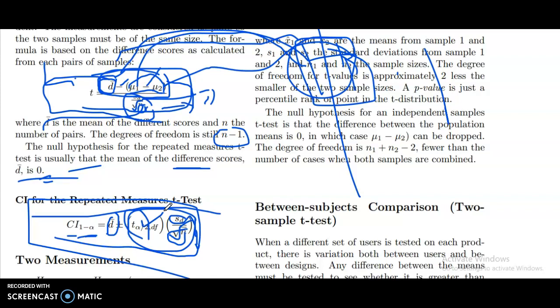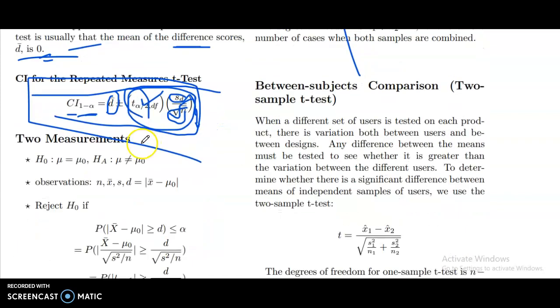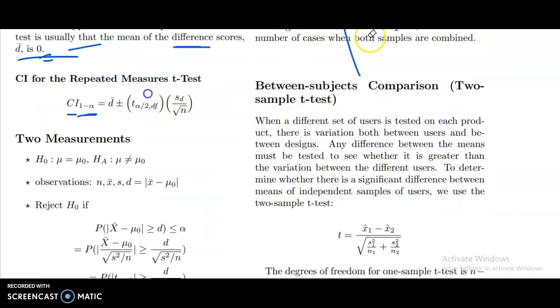T alpha anything divided by 2 means it is making 50 percent. Two measurements.